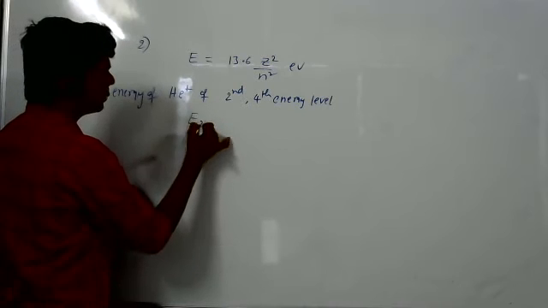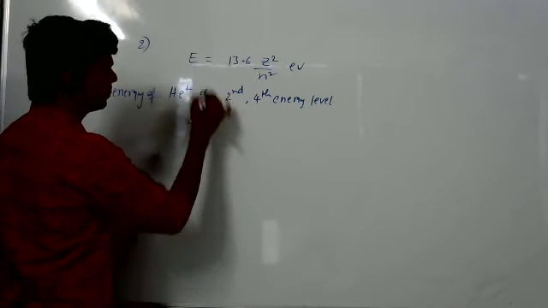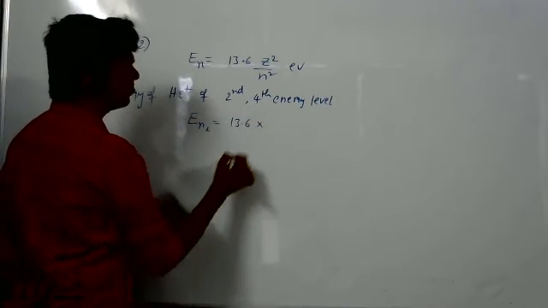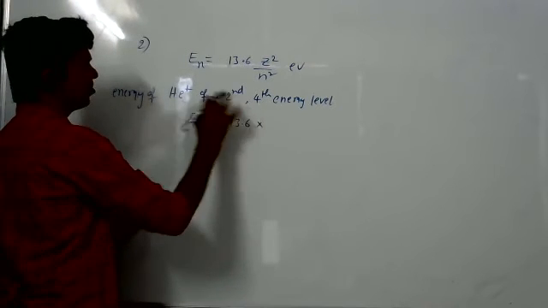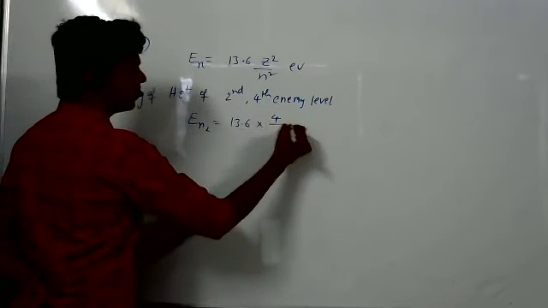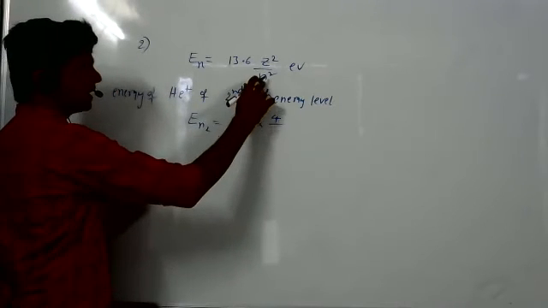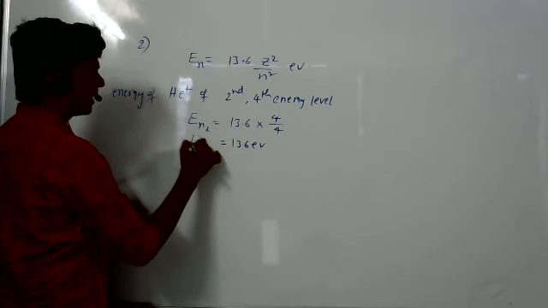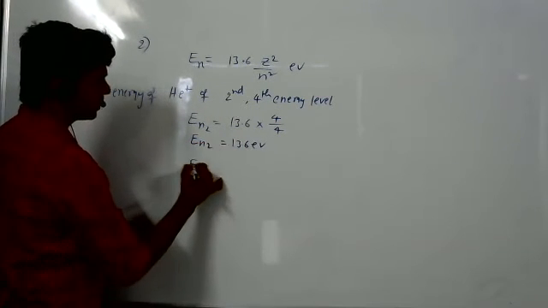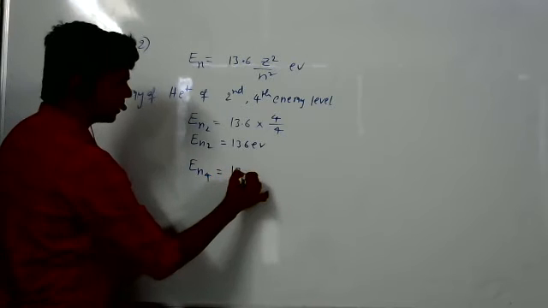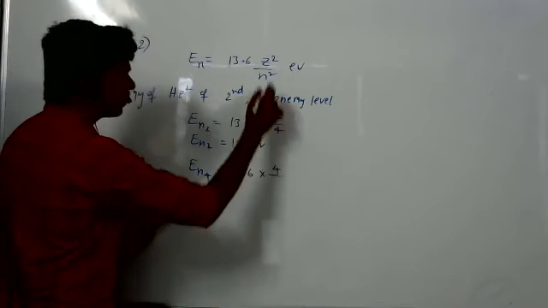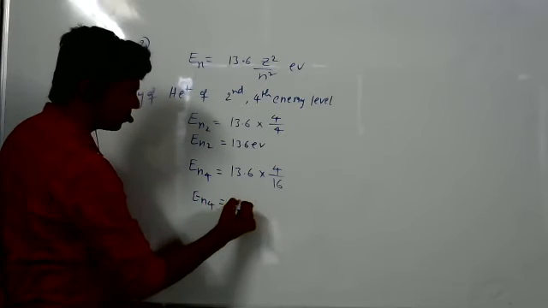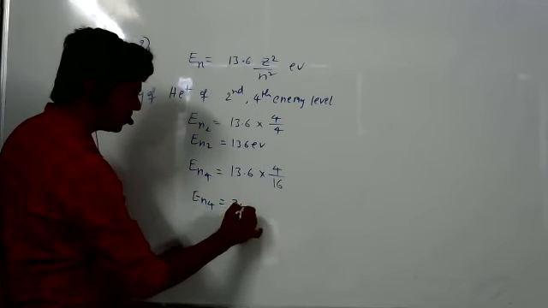For the second level, En2 is equal to 13.6 into Z square. Atomic number of helium is 2, so 4, divided by n square, second energy level, so 4. It is 13.6 electron volt. Now calculate for the fourth energy level, En4: 13.6 into 4 by 16. So 1 by 4, En4 is 3.4 electron volt.